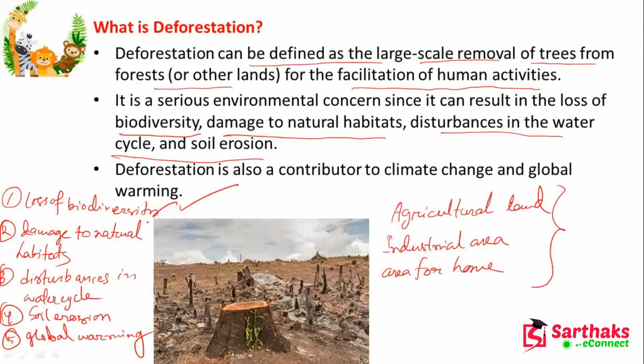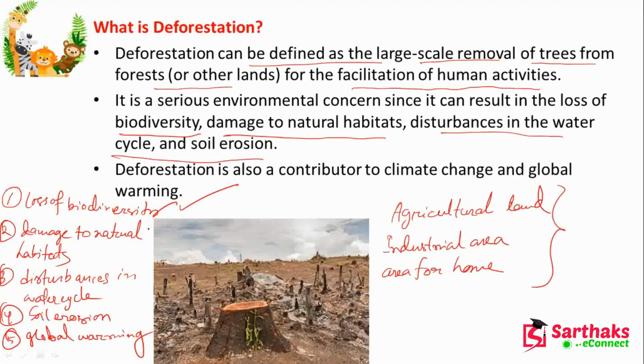So many problems will arise due to deforestation, and deforestation also causes global warming, that is climate change or global warming.